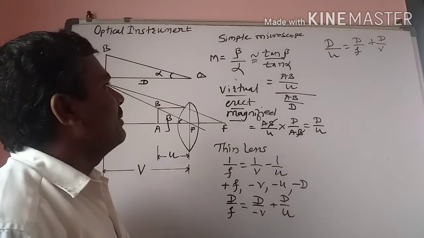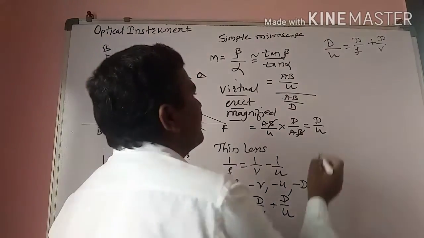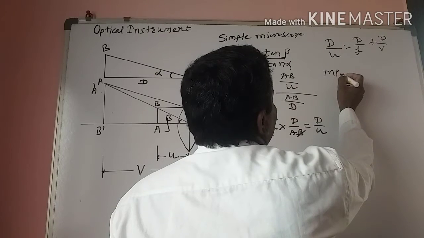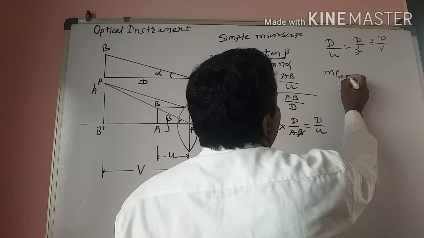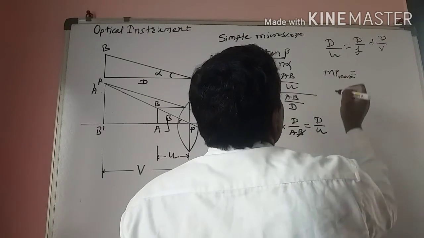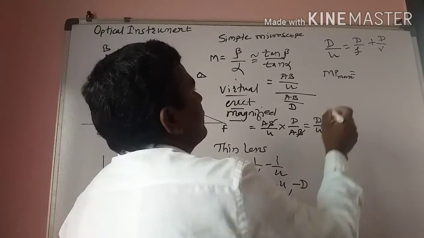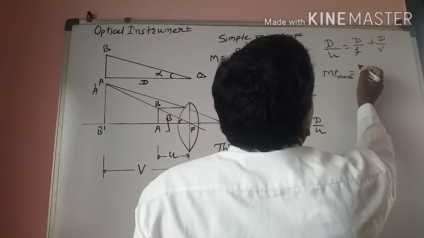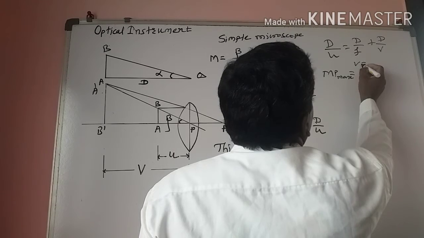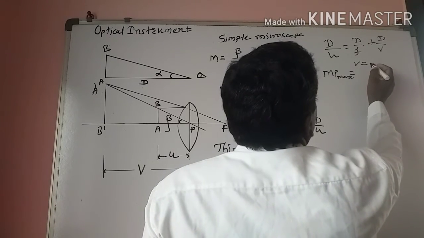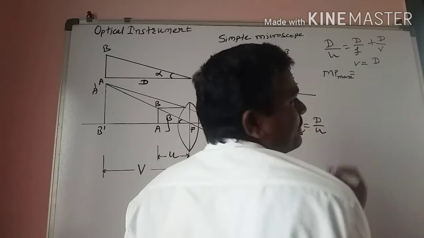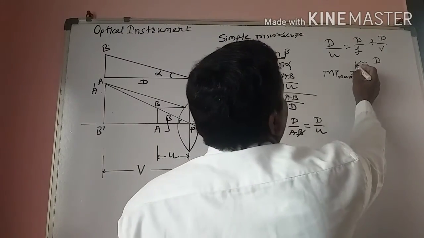When this magnifying power is maximum, the image is formed at the distance of distinct vision, so we write V is equal to D.